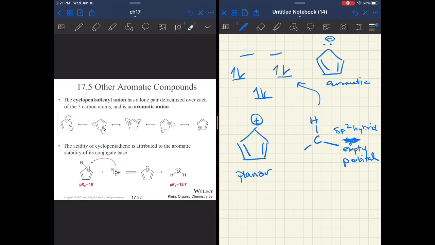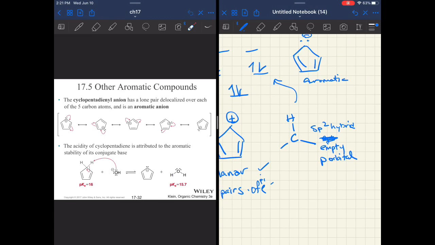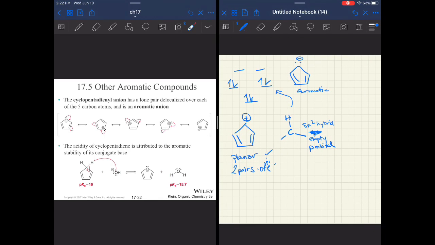This can be planar, but there are only 2 pairs of pi electrons. And so even though this is fully conjugated, right here you have an empty p orbital that allows that, but you have an odd number. So the cyclopentadienyl cation, if it's planar, is anti-aromatic.